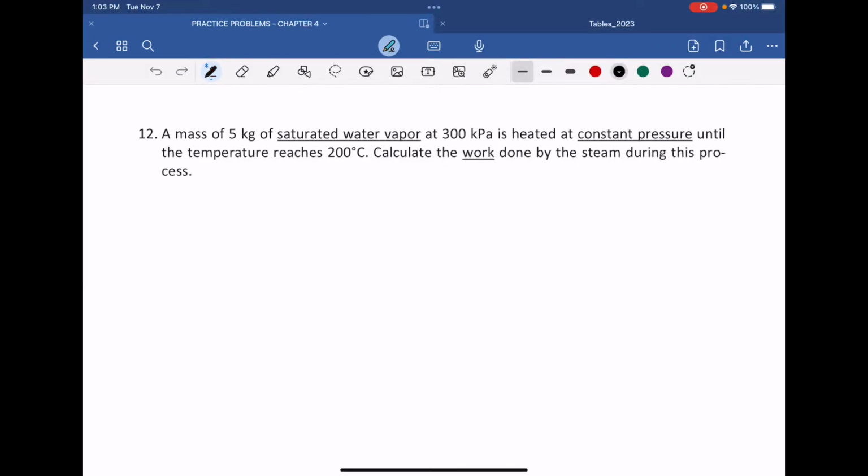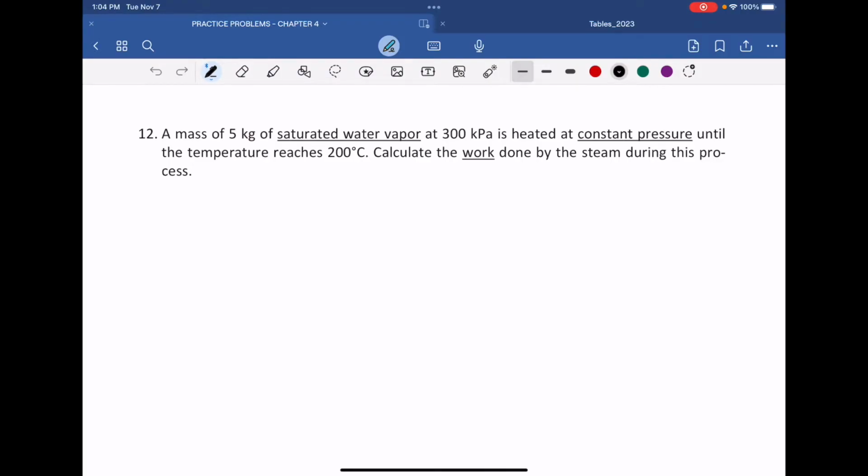A mass of 5 kilograms saturated water vapor at 300 kilopascal is heated at a constant pressure until the temperature reaches 200 degrees Celsius. Calculate the work done by the steam during this process.